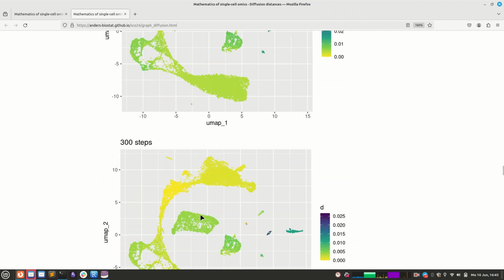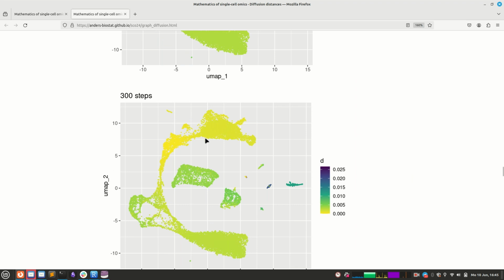What I will do here is I define a starting cell and a finishing cell by saying this here might be a good starting cell, because if I go here from this cell, you remember we've picked an arbitrary cell here and said let's start from this cell, and now we want to go from this cell as far as possible to the beginning of a lineage and also as far as possible to the end of a lineage.